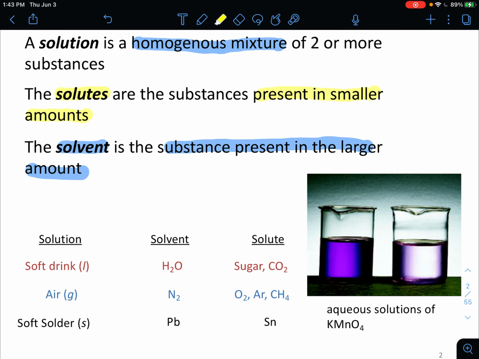So something like a soda where water is the primary component and then there's other things dissolved in it like sugar, carbon dioxide, phosphoric acid, dye, if there's any color added to it, that would all qualify as a solution. But remember, like I was saying, all the qualification is that it's a homogeneous mixture.